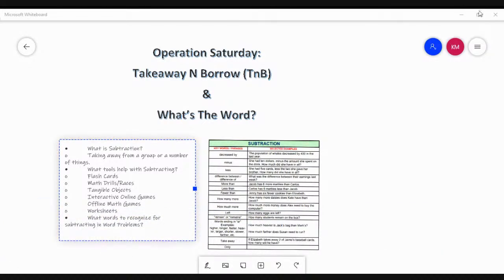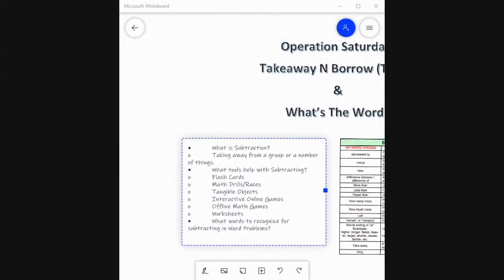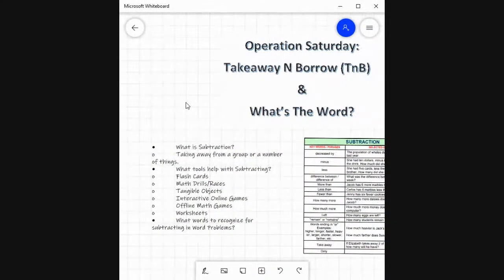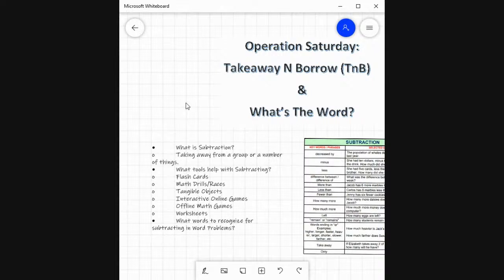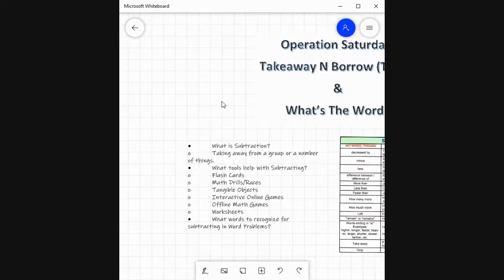All right, beautiful people, let's get started. This is the Operation Saturday portion, and for this, I am going to go over take away and borrow, or what I call T and B, and what's the word. We will always cover what's the word every Saturday so that you guys understand how to recognize each operation in word problems.